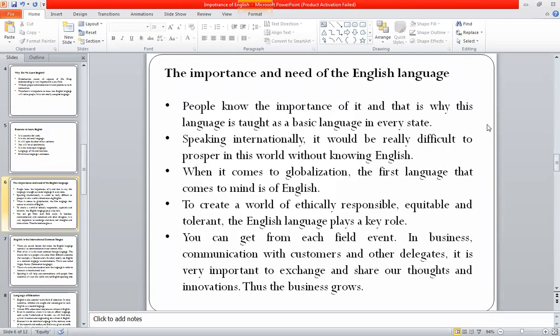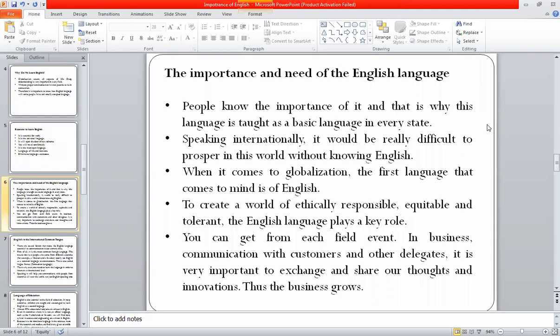If you see, there are courses like Bachelor of Arts, Bachelor of Commerce, Bachelor of Science, or even professional courses like engineering. There in the curriculum or syllabus, the members of the curriculum or board of education have included this subject English as a compulsory language.